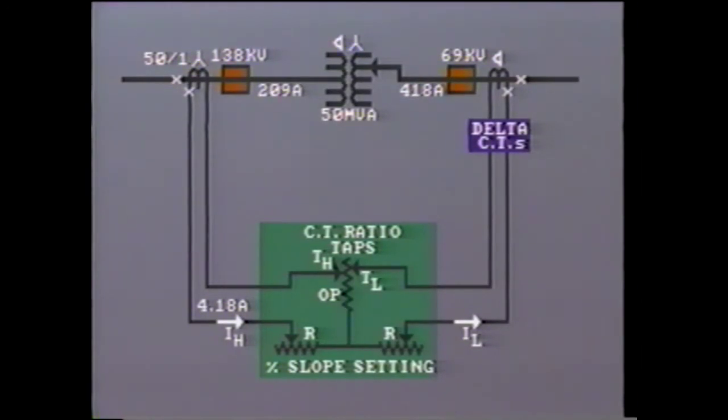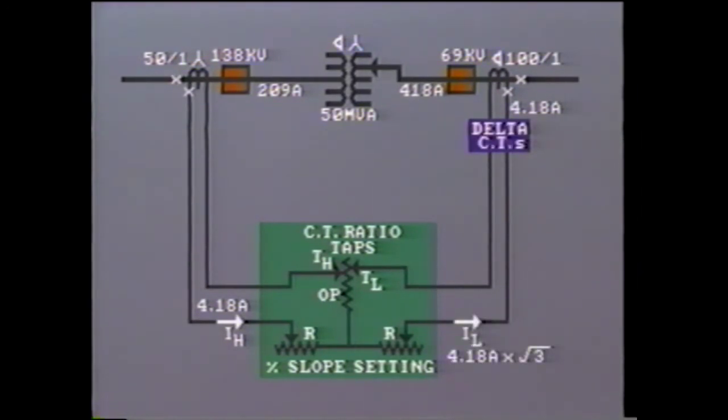On the low voltage side of the transformer, the line current is equal to 418 amps. What would be a logical CT ratio on the low voltage side? Well, as the voltage is half the line voltage on the primary side, then CT ratio would be 100 to 1. So the current in the CT secondary will be 418 divided by 100. That equals 4.18 amps. But remember, the CTs are connected in delta.